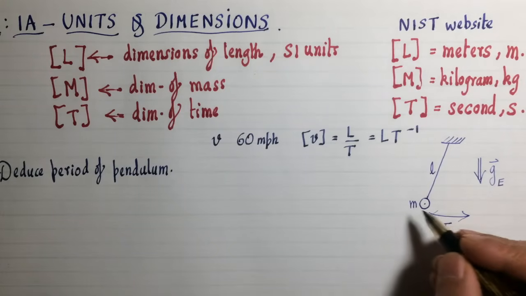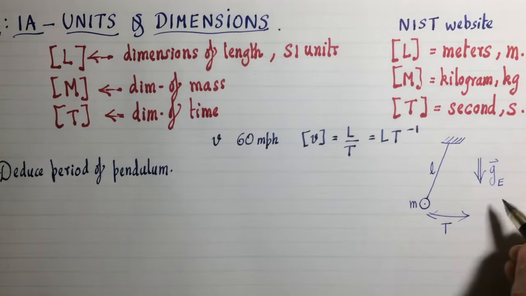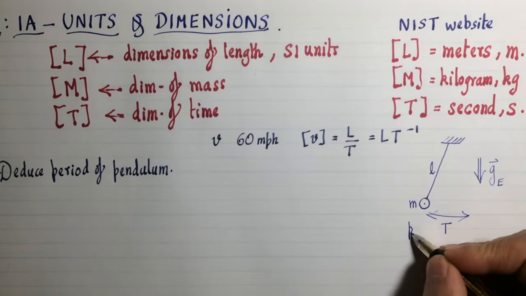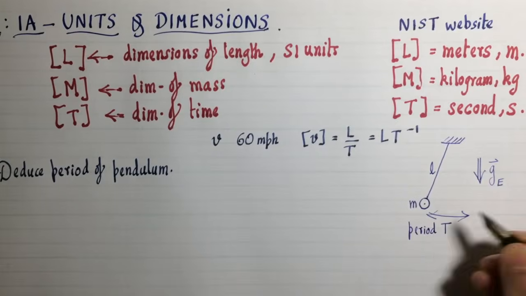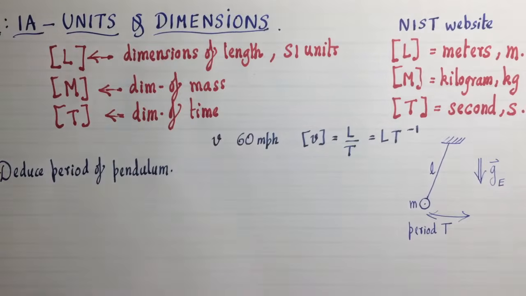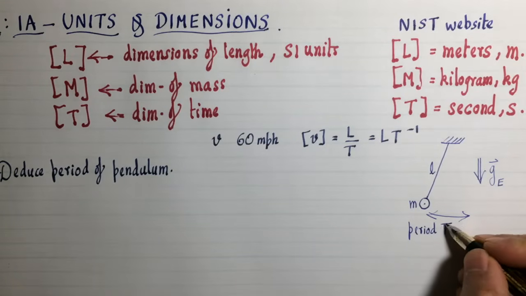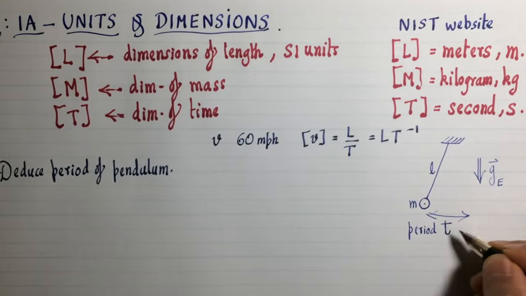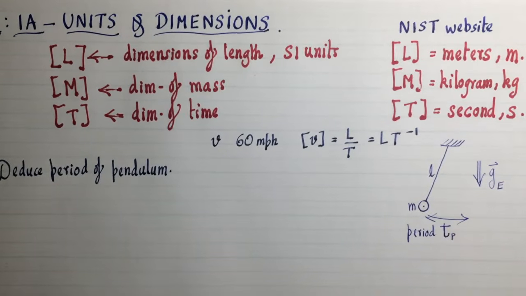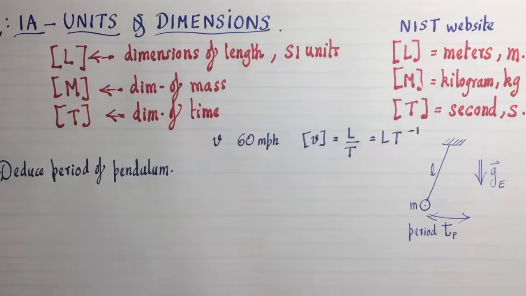I'm not going to do this too many times or you'll fall asleep, but the time required to go once back and forth is known as the period. Confusingly, period T has got the same designation as the dimensions of time, but maybe to avoid that, I'll write this as little t for now. Maybe even call it TP for the period of the pendulum, so as not to confuse with the capital T over here.